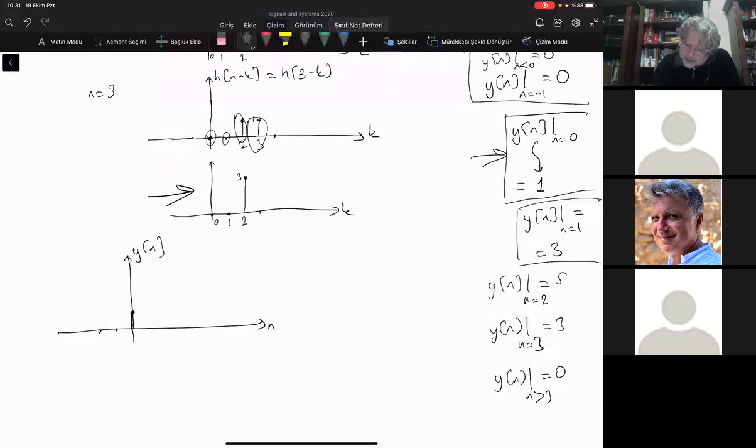And at 1, its value is 3. At 2, its value is 5. At 3, its value is again 3.